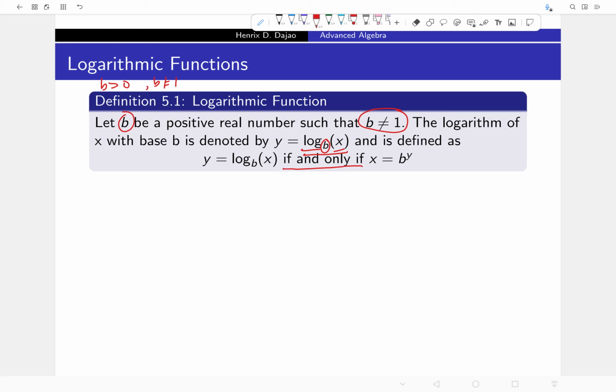With this phrase, it means that this and this are equivalent expressions.